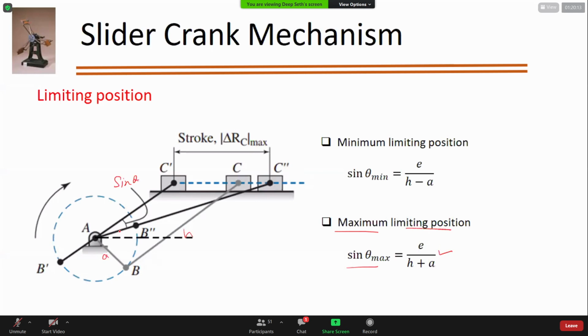So E divided by H plus A will give you the sin theta max.